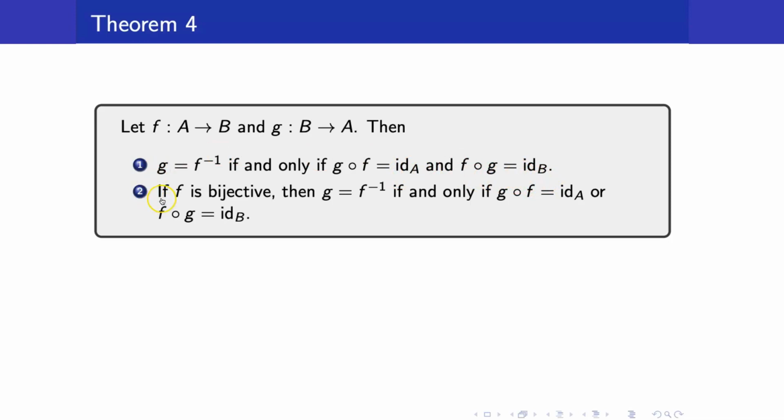The second one is saying that if we already know that our function is bijective, then g is the inverse of the function f if and only if at least one of these is true. So this actually saves us time, because for number one, to show that a function is the inverse of another function, you have to show that both of these are true. But if you already know that the function is bijective, all you need to show is just one equality.